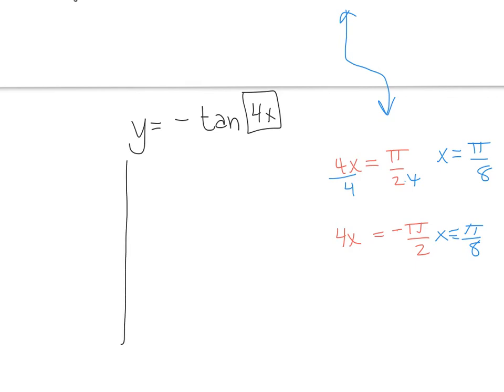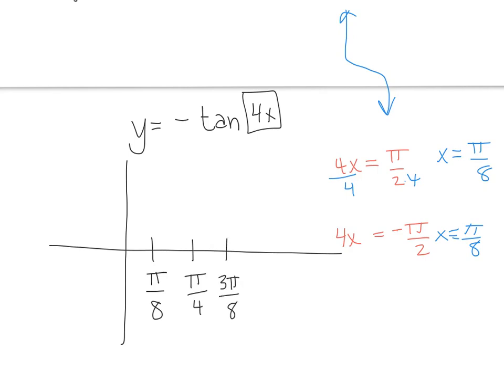So when I draw my tangent function, this will be pi over 8, 2 pi's over 8, which is pi over 4, 3 pi's over 8, 4 pi's over 8, which is pi over 2, and over here is negative pi over 8.